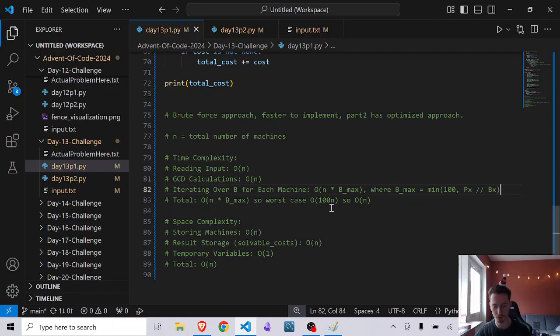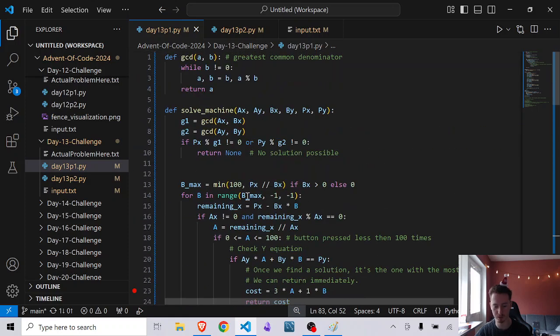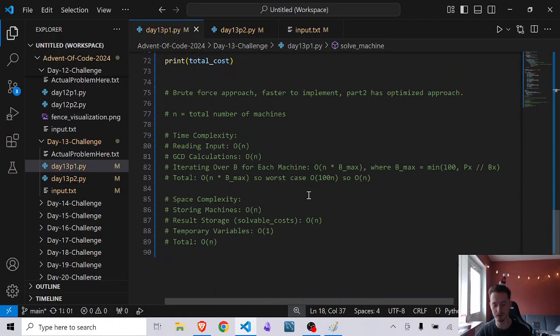And since in the worst case it's going to be 100, then it's just 100n, which means it's O of n. So it's not too bad, but it's only because in the question they specifically said we can assume that it's less than 100. So technically still constant time. And then the space complexity is O of n to just store all the variables.